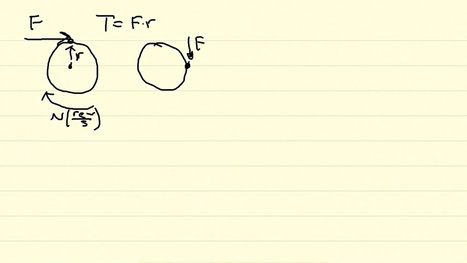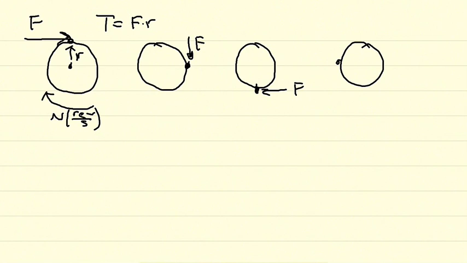And then if I do another quarter turn, now the dot is down here, and this is where my force is. And then if I do another quarter turn, my dot is right here, and this is the application of the force. And then finally, I get to my final rotation, and I'm back up at the top again. So this is my application of the force.